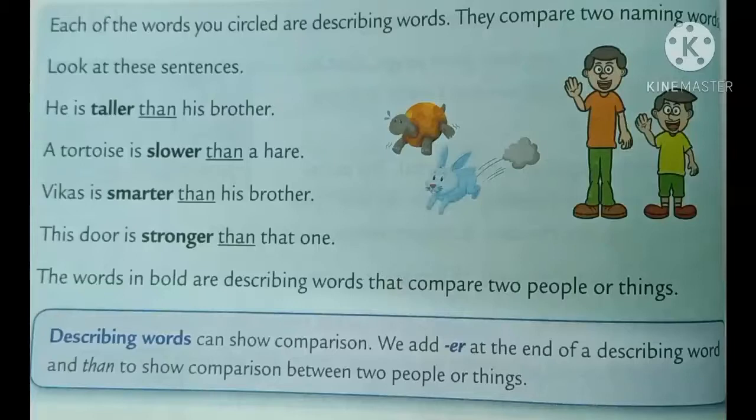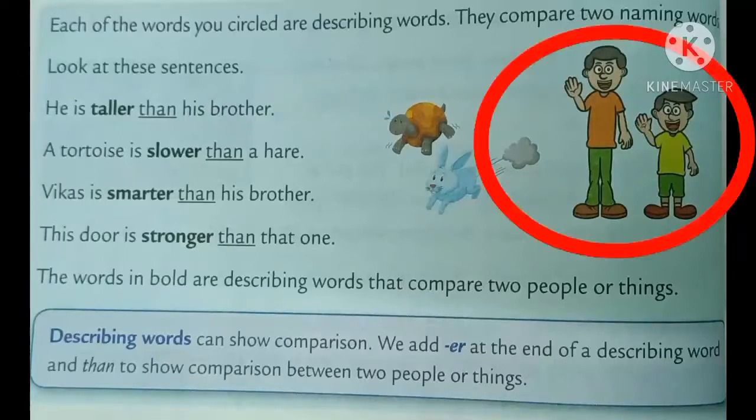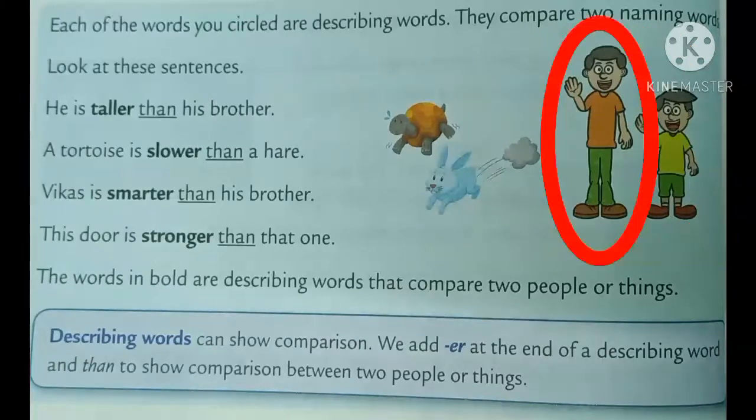Children, turn to page 36. Now, children, have a look over here. There are two boys over here. They both are brothers. Now, one boy is tall. He is a tall boy. So I have described this boy as a tall boy. What type of boy, children? Tall boy. So I want to compare these two boys.